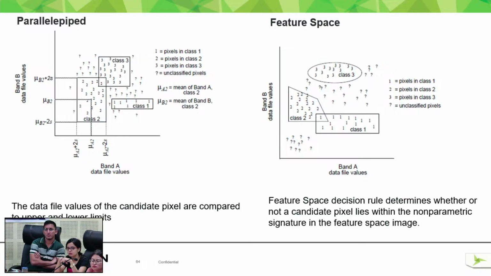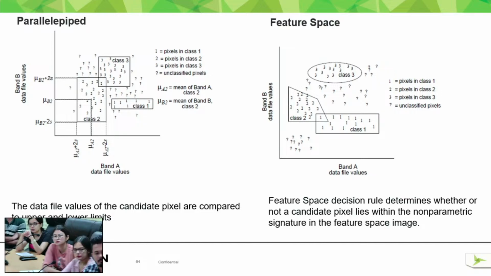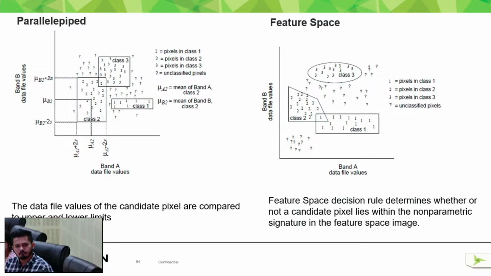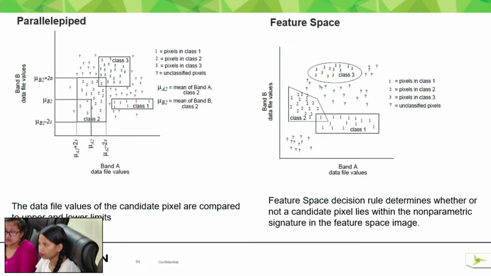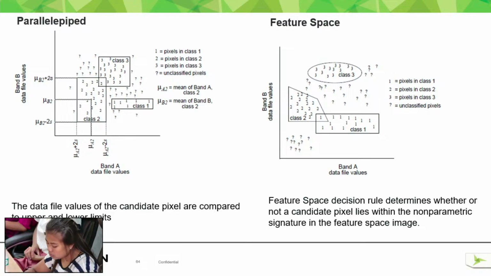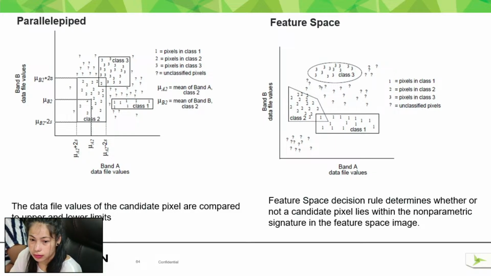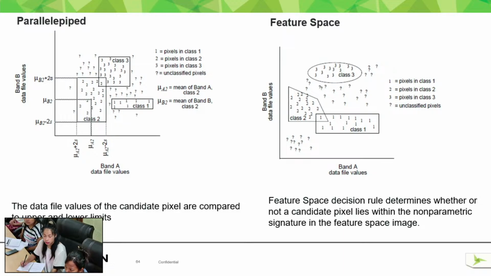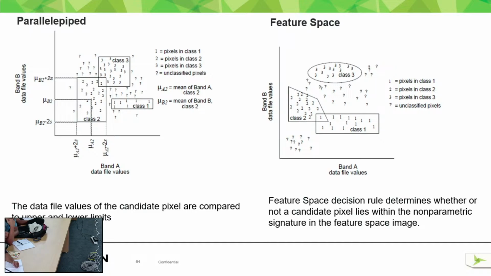Here you can see that in the feature space the shape is generated only based on the pixel edge for grouping the pixels. The main point is that the feature space decision rule determines whether or not a candidate pixel lies within the non-parametric signature in the feature space or image. That is the main rule for the feature space.